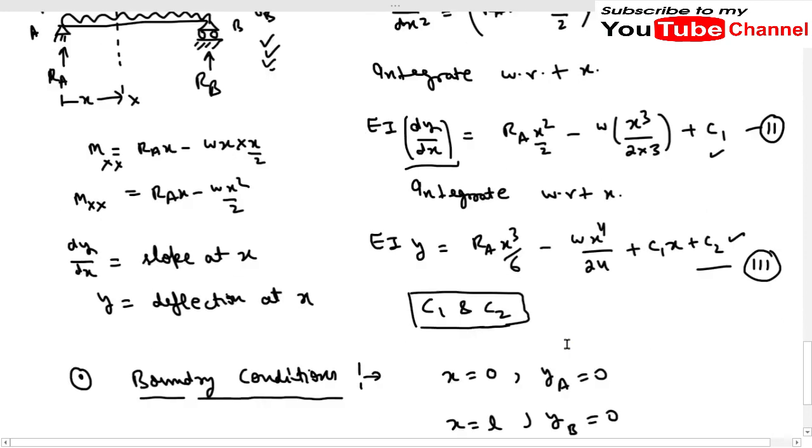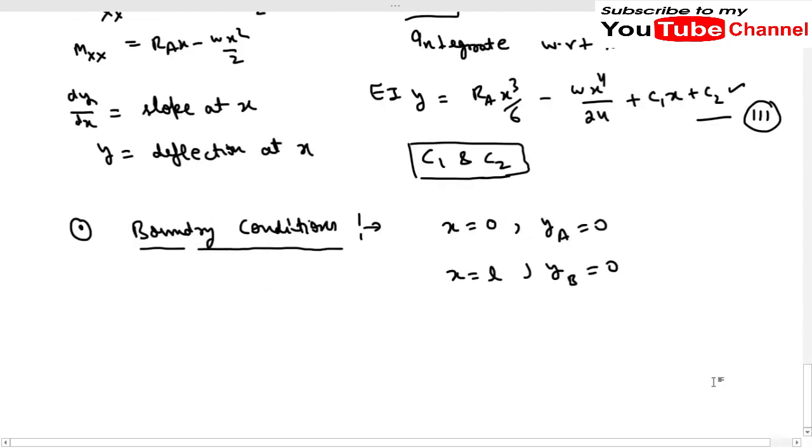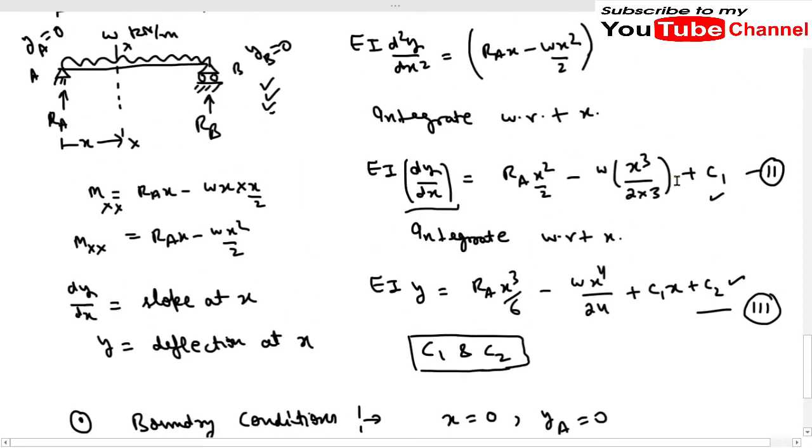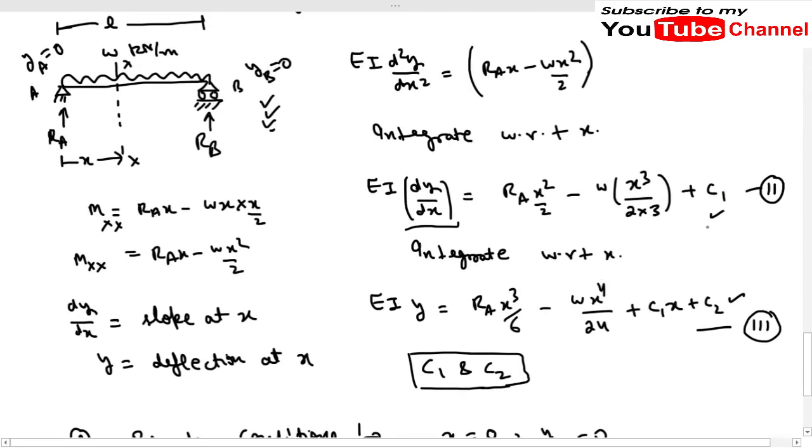So we can use these two conditions to find C1 and C2, and then we can use equation number 2 and equation number 3 to find the slope and deflection at any point in the beam.